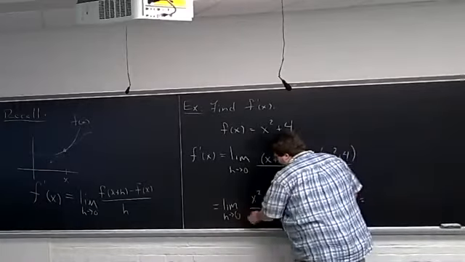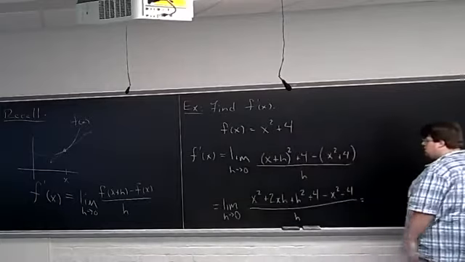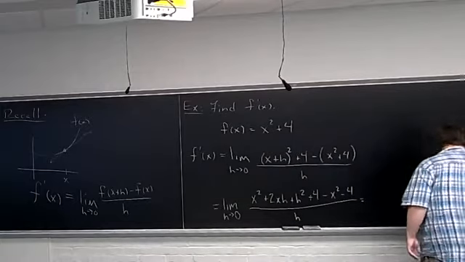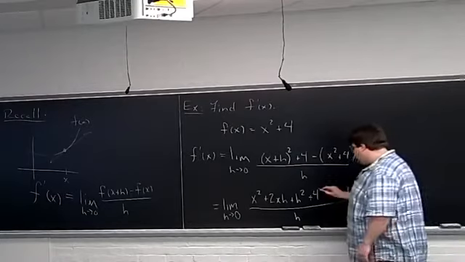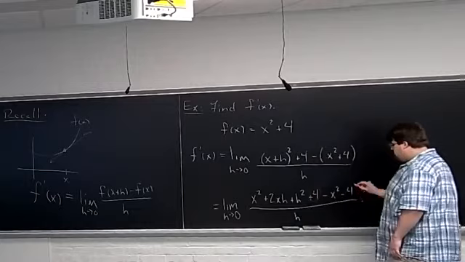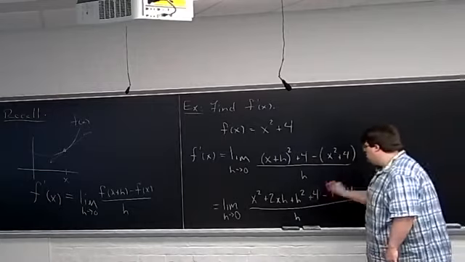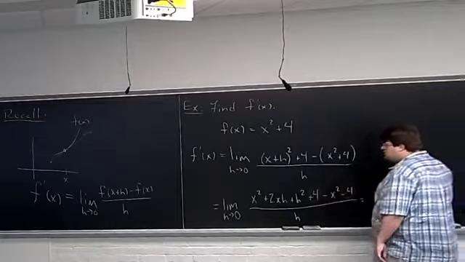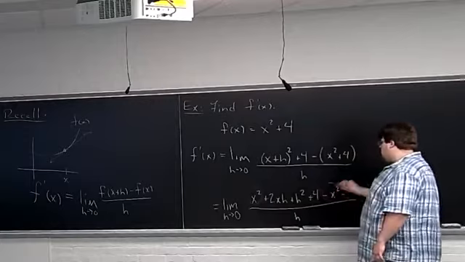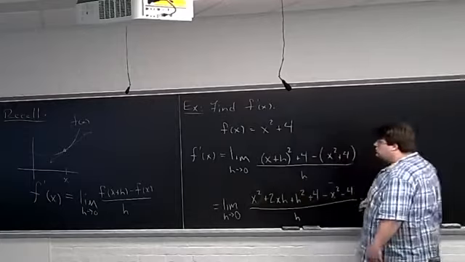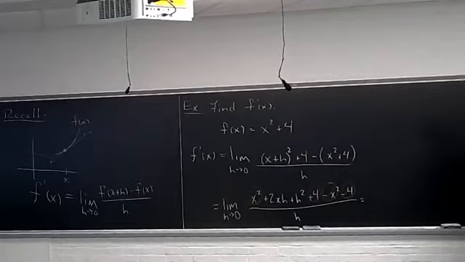But there is a little more simplification we can do because, notice, we have a positive 4 and a negative 4. They add to 0. We also have a positive x squared and a negative x squared. And those also add to 0. So a couple terms added to 0.